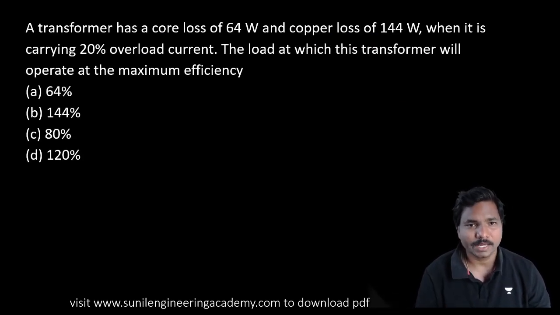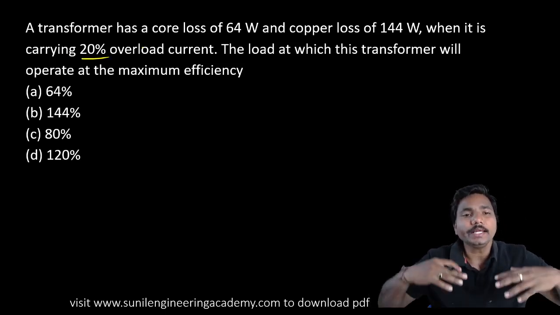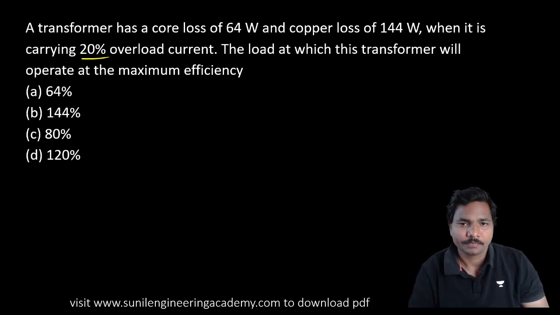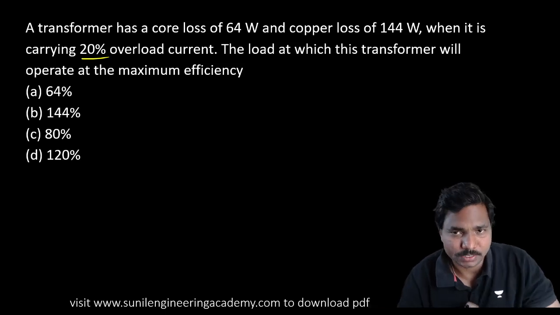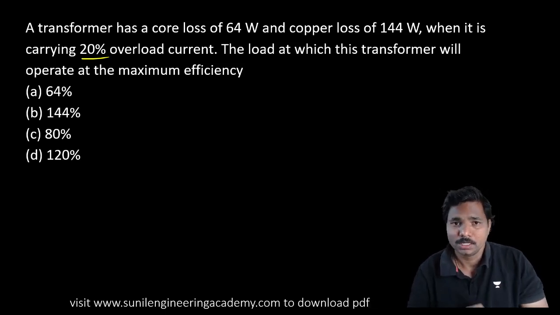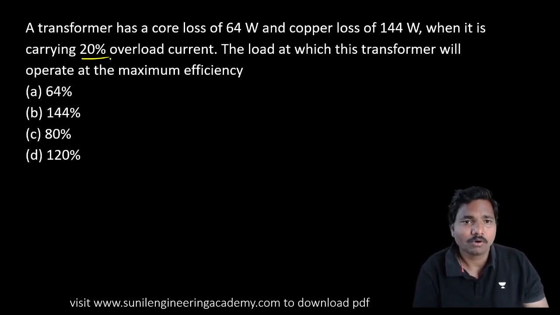A transformer has a core loss of 64 watt and copper losses of 144 watts when it is carrying 20% overload current. At what load will the transformer operate at maximum efficiency? This is also a very simple question.